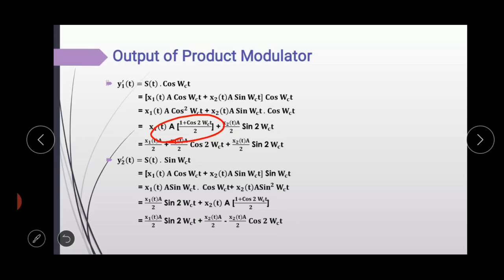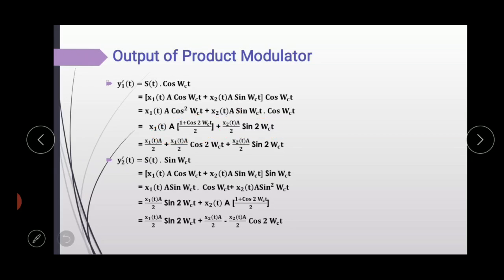If we multiply by 2 and divide by 2, then 2 sin omega ct into cos omega ct is sin 2 omega ct. So here we write the term using that formula.